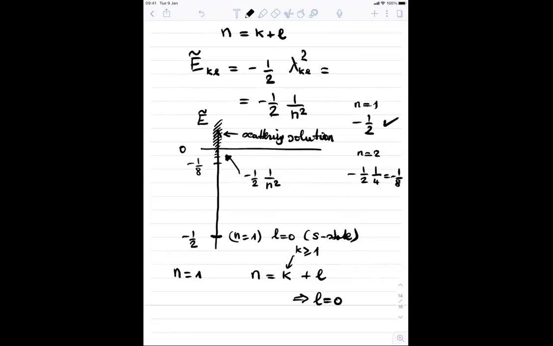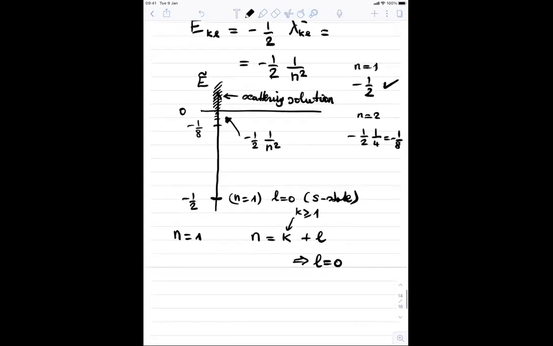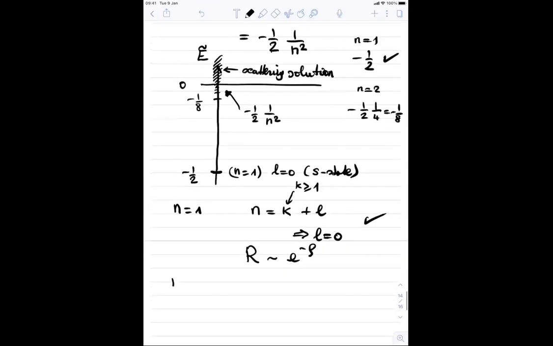And it is only one state. It has a precise wave function you can write in the notes. It's the decaying exponential we just looked at in the initial simple exercise. So the radial function is proportional to e to the minus rho. Very good. Now we look at n equal to 2, which is this object here.